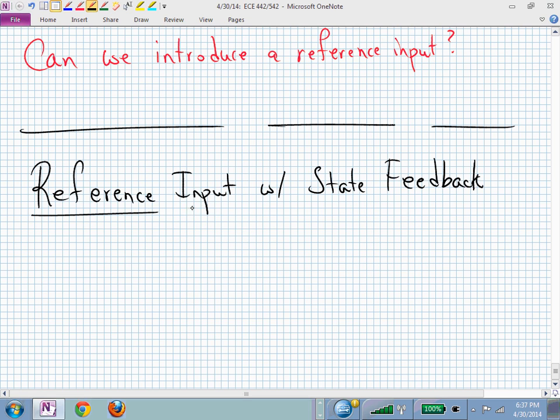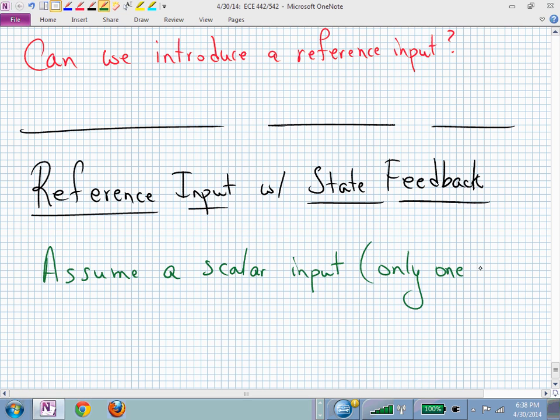For now, maybe it's best to just confine our discussion to a scalar input. Only one.